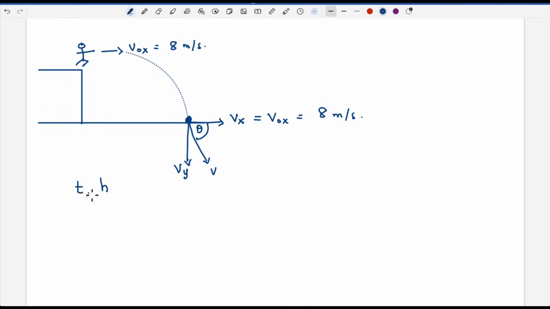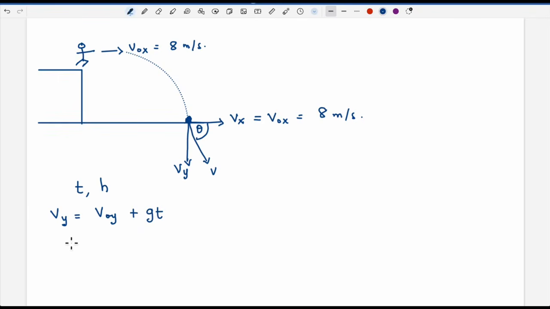So to do this, in the first case, we can use Vy equals V naught y, that's the initial vertical speed, plus gt. So we know g to be 9.8, we know t to be 3.19 seconds as we calculated from the previous slide.